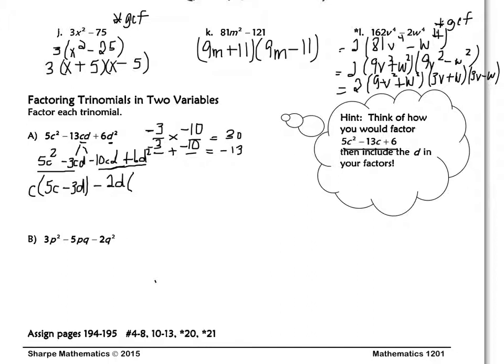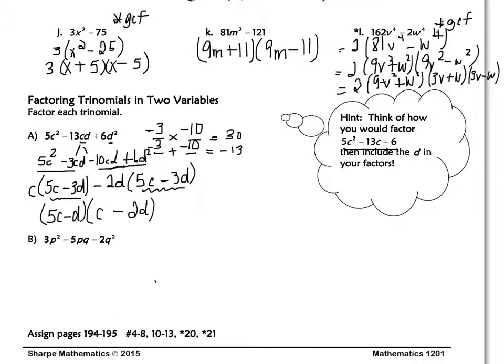So then if we factor it out of the first term, we're going to be left with a positive 5c, and out of the second term, if we divide the negative out, we're going to have a negative 3d. And these two are the same again, so you pull them out as a GCF now. So you'd end up with 5c minus 3d, and then if that's pulled out of the first term, you're left with c, and if it's pulled out of the second term, you're left with 2d. So those would be your new factors.